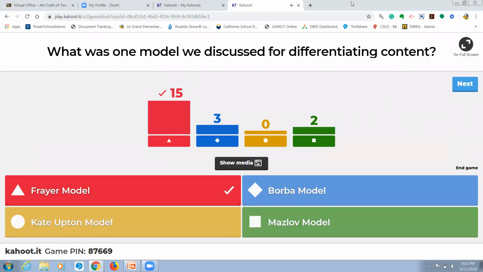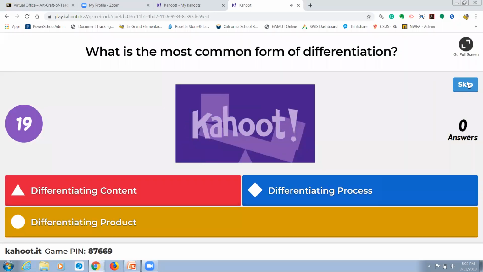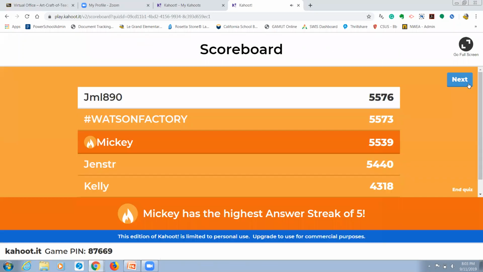We did not discuss the BORBA model tonight. We're saving that for another time. Next question. What is the most common form of differentiation? It is differentiating content. The content is the most common form, but we're moving towards process being more common. Ooh, that separated some folks.